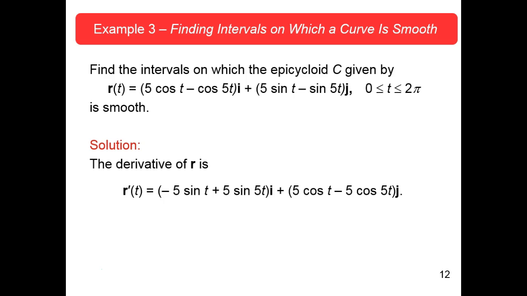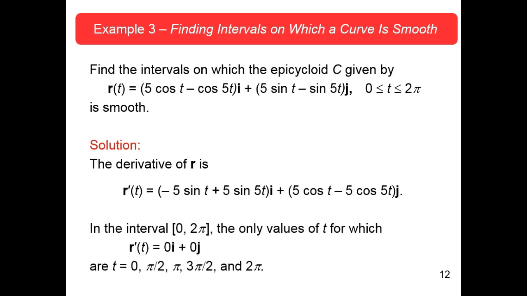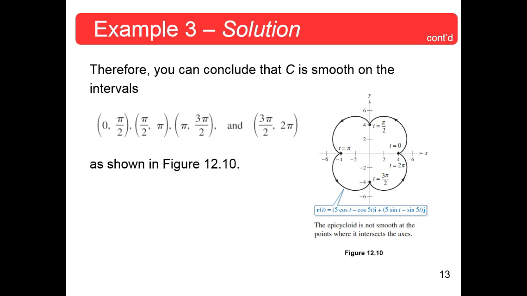So the derivative we did, they did, got the same thing we did. The interval 0 to 2 pi, the only values for which r prime of t is 0 would be at t equal to 0, pi halves, pi, 3 halves pi, and 2 pi.